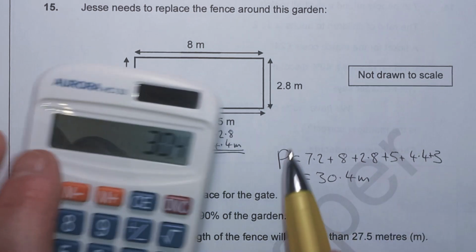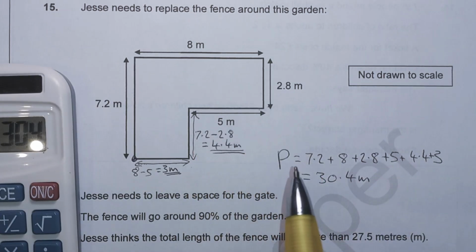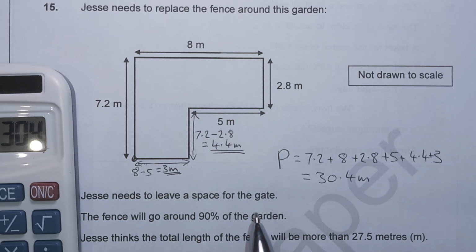Now there's more than one way to work out the perimeter on this shape. So if you've done it differently, that's absolutely fine, so long as you get the same answer here.